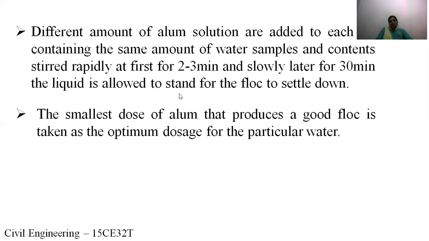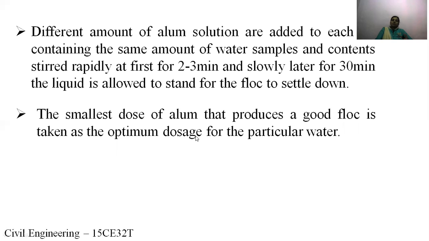Then the liquid is allowed to stand for the flock to settle down inside the jar. The smallest dosage of alum or coagulant that produces a good flock is taken as the optimum dosage for the particular water.